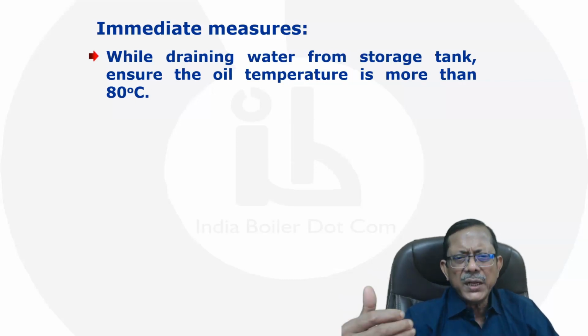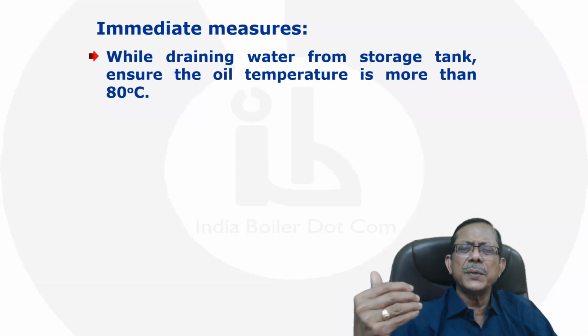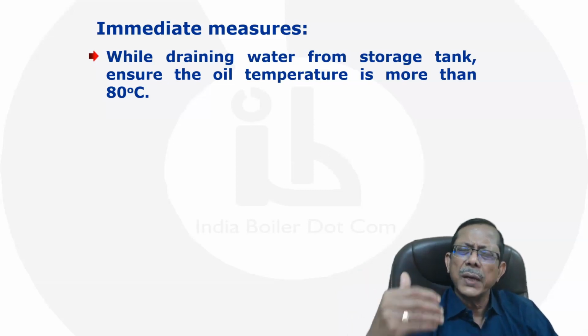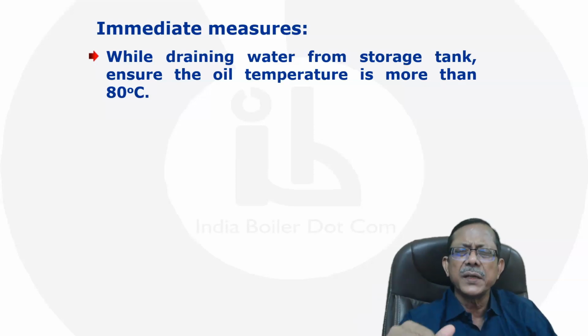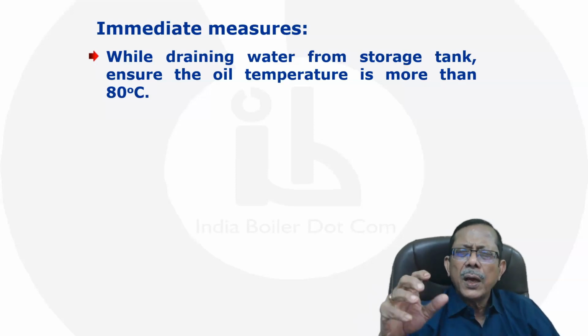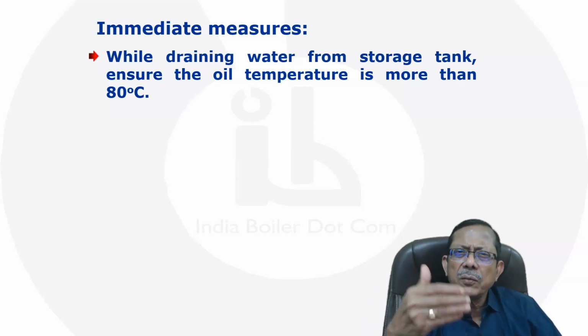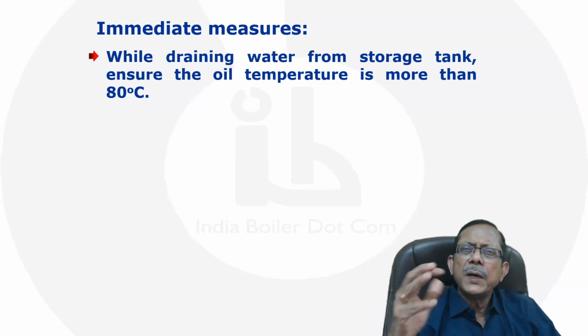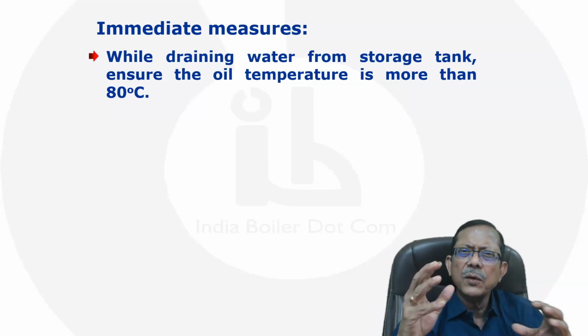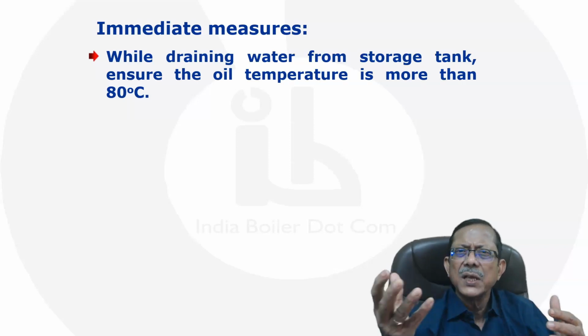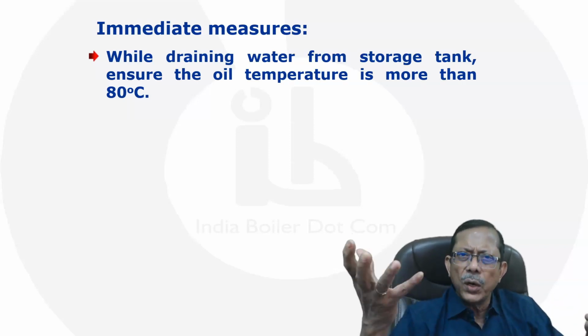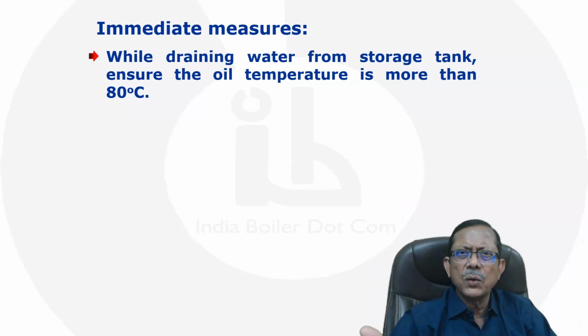properly. So draining is to be done by ensuring that the temperature is at least 80 degrees. Because when the temperature is in the range of around 80 to 90, the specific gravity of water and oil differs even more, right? So all the water will go below, and it will be easier for them to remove the water.